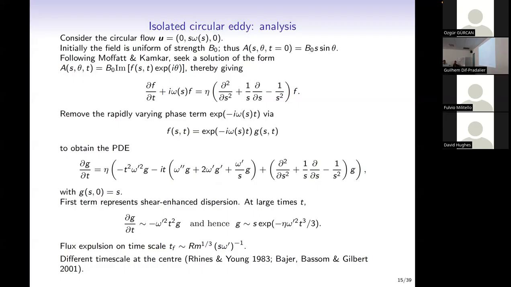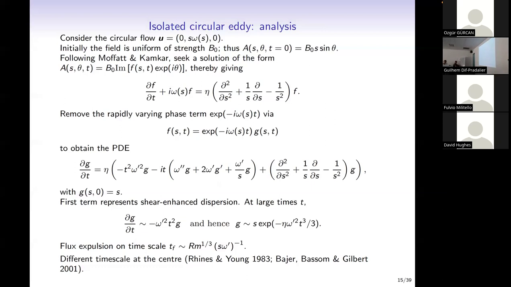And so you get a time scale for expulsion, which again looks like Rm to the third times 1 over s omega prime. Sorry, I keep changing notation. s is now radial in polar coordinates. 2D plane polar coordinates, s theta.